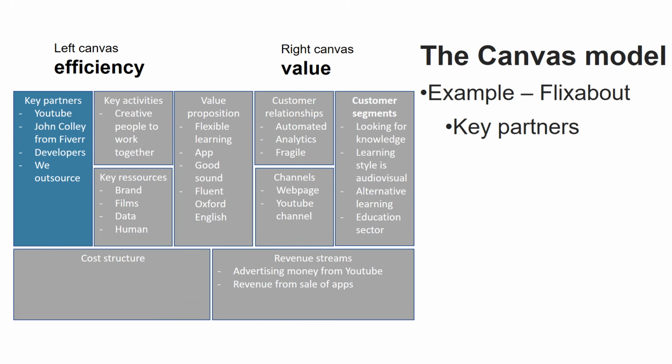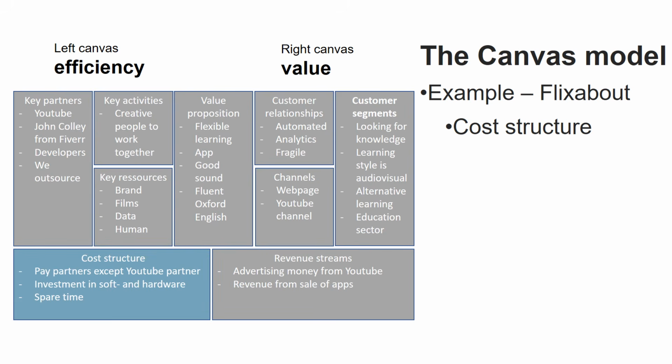We also have John Colley from Fiverr as a key partner. He vocalizes all our movies, and our customers love to listen to him. We have the app, and homepage developers, and many more. We try to outsource everything besides making films with the right theoretical content to the best in their field.